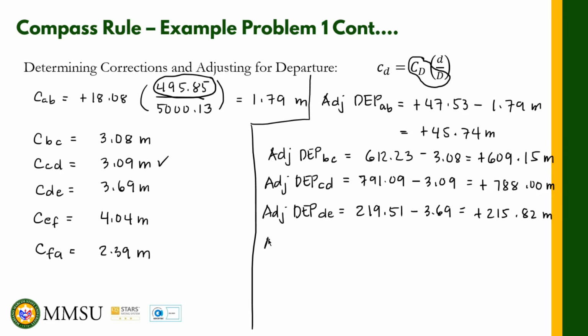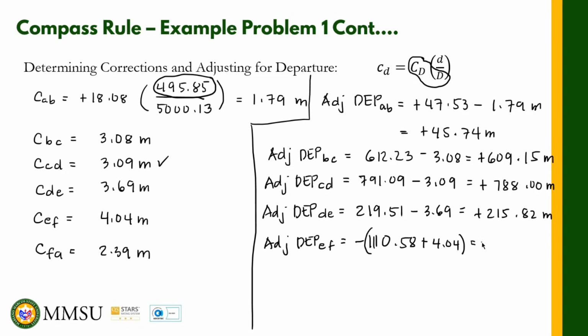meters. Okay? And then, for the adjusted departure for EF, the original is negative. Diba? Negative 1,110.58. Okay? Kailangan natin itong palakihin. So, magpla-plus tayo ngayon ng correction na 4.04.